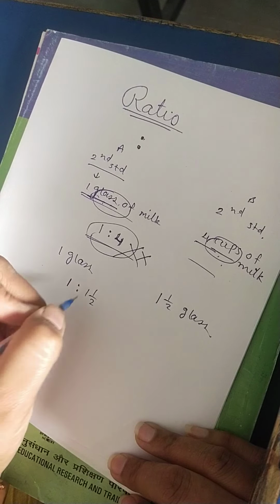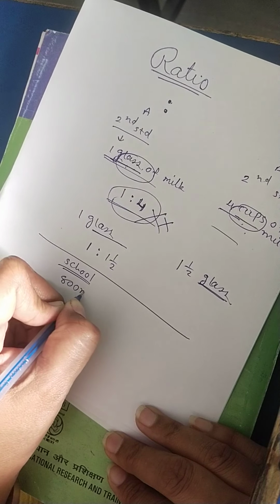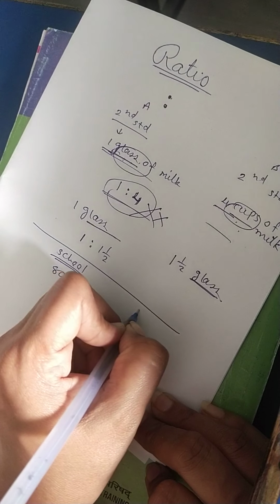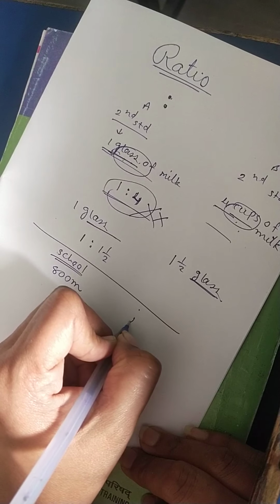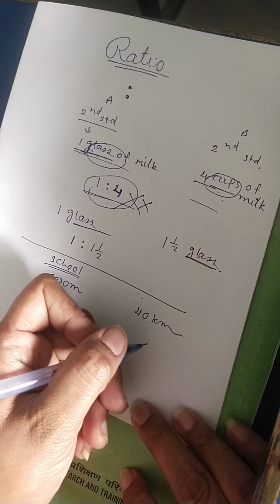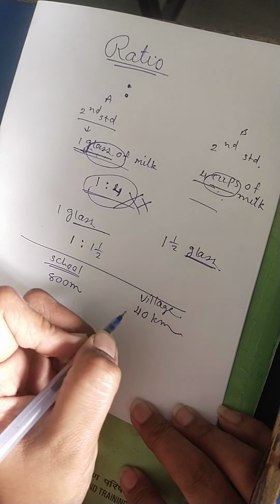Now I am giving one more example. Suppose from my home to school the distance is 800 meters and from my home to my village, this one distance is 40 kilometers.